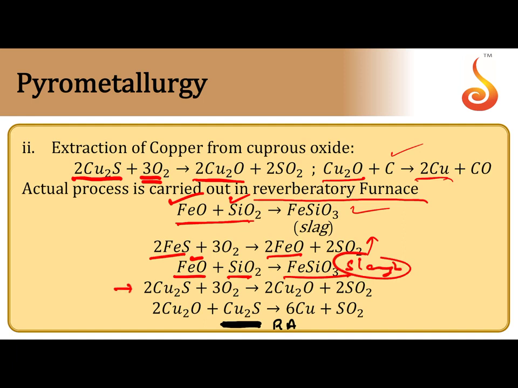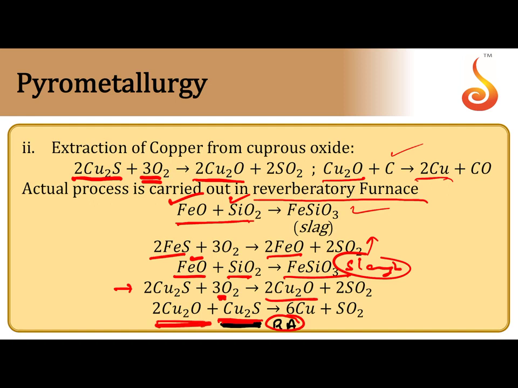Next, cuprous sulphide undergoes roasting to give cuprous oxide. The unreacted cuprous sulphide itself acts as a reducing agent and reduces cuprous oxide.